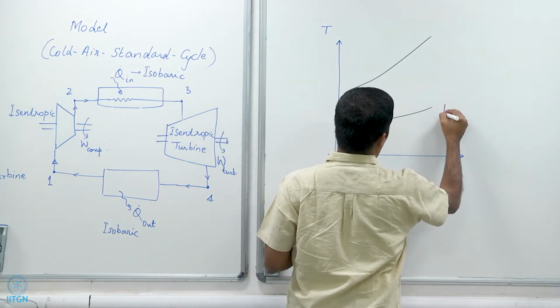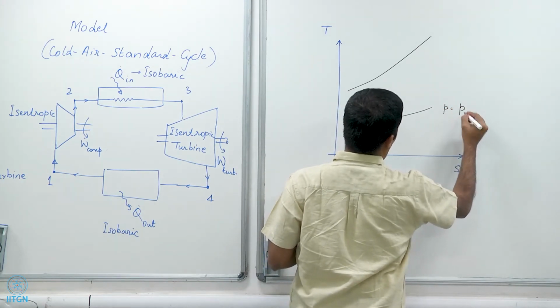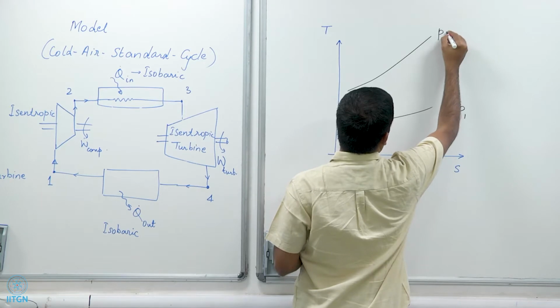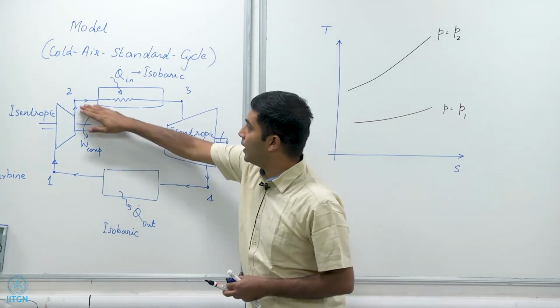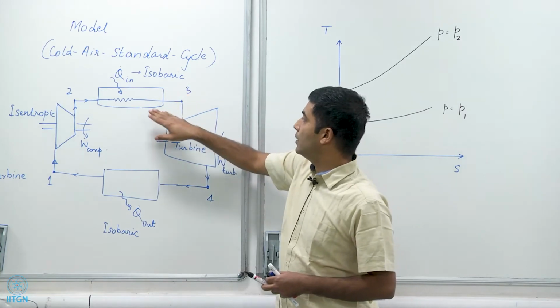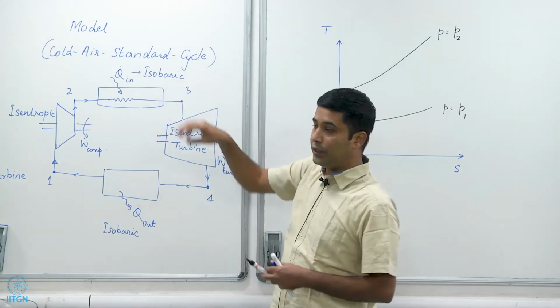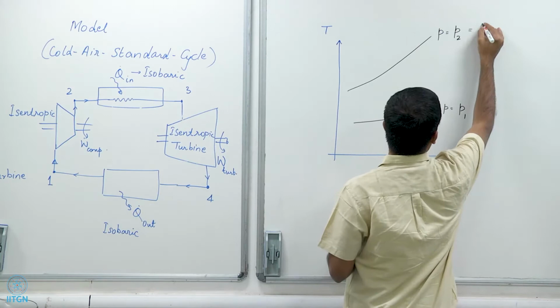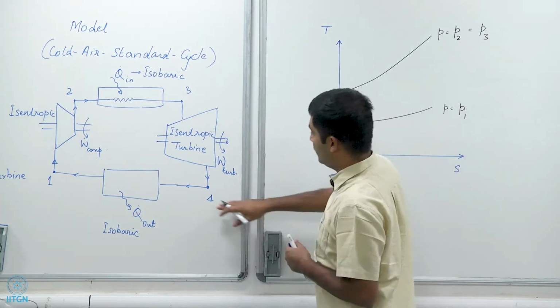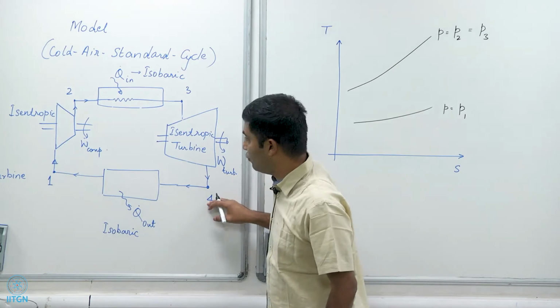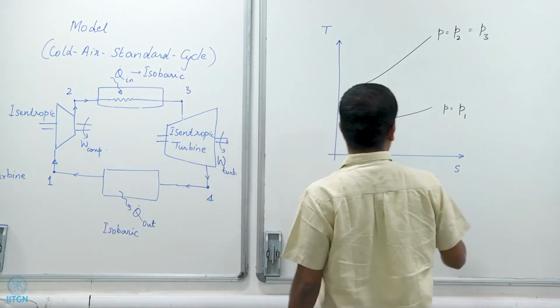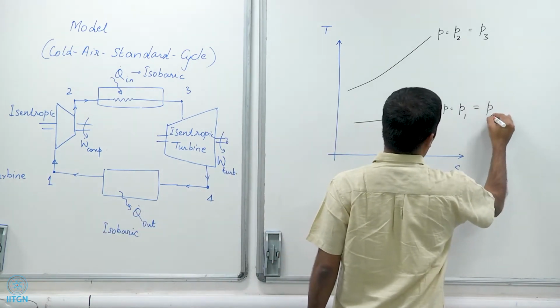So, this is P equal to P1 and this is P equal to P2, and because this is an isobaric heat addition, we can reasonably assume that this is also equal to P3. And because this is also an isobaric heat rejection, I can assume that the pressure at 4 and 1 are the same. So, this is also equal to P4.